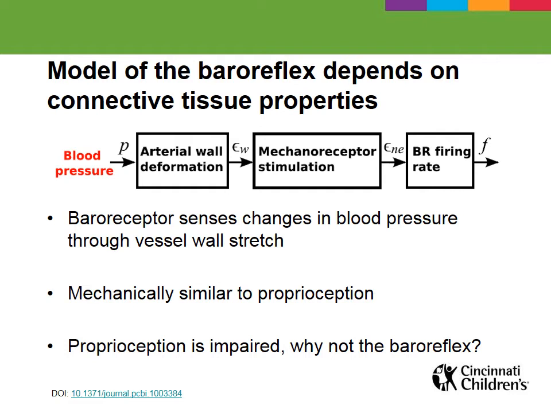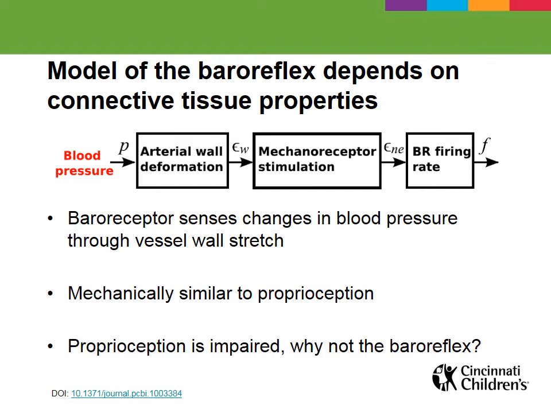And what we know about the baroreflex, which is that reflex that protects blood flow to the brain when you're standing, is that this whole system is very similar in its construction to proprioception. In this case, instead of the muscle stretching, what we're seeing is that as blood pressure changes, it deforms the arterial wall. And that arterial wall deformation will then stimulate that mechanoreceptor, which is the baroreceptor, and that changes the baroreceptor firing rate.